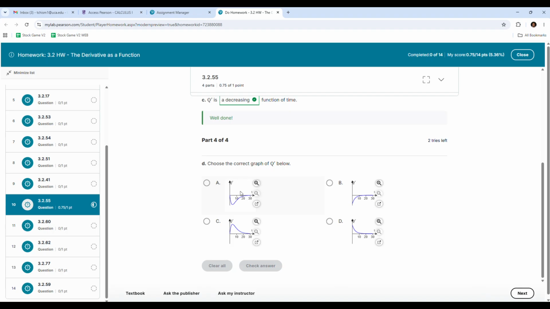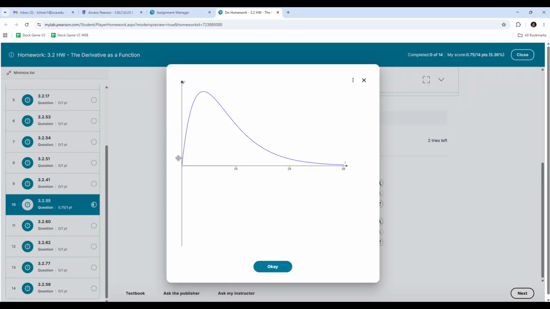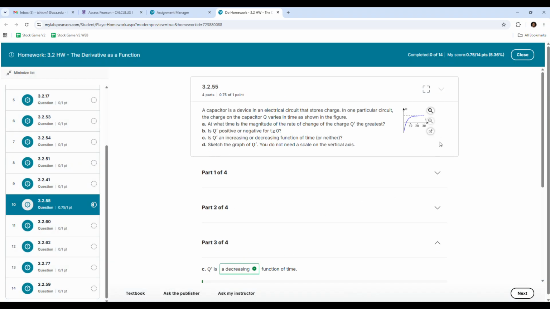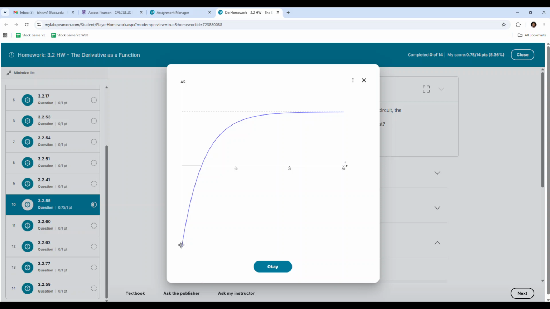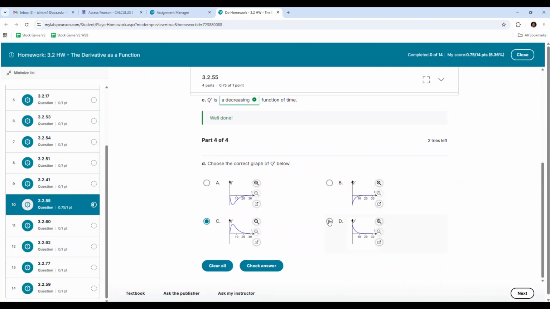So, I don't like A, I don't like B. Now, C or D. If we go to C, we see a positive slope, and that positive slope keeps on going. In fact, it gets more and more positive. It starts at essentially 0, and then it becomes very, very positive. Again, is that what we're seeing in Q? Do we see slopes starting at 0 and then growing? No. So, by process of elimination, I think the only answer is D.